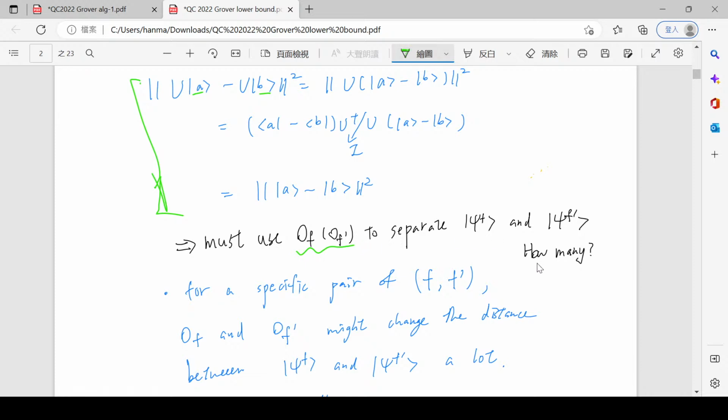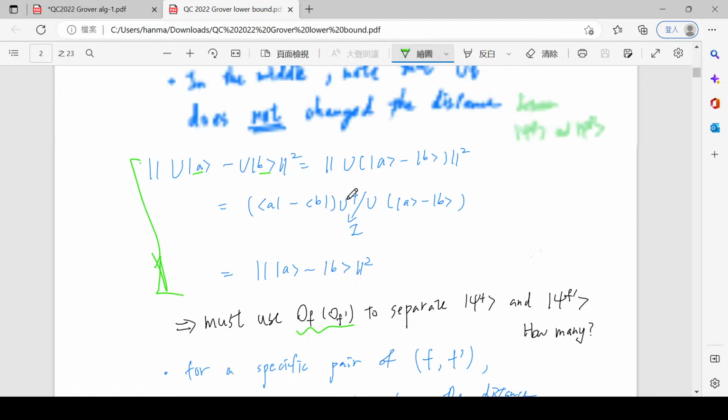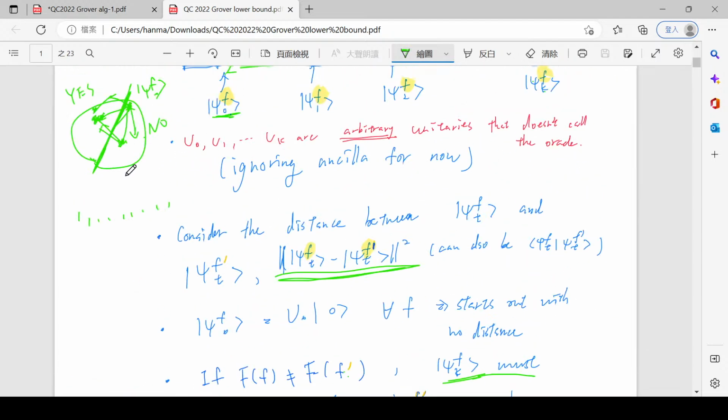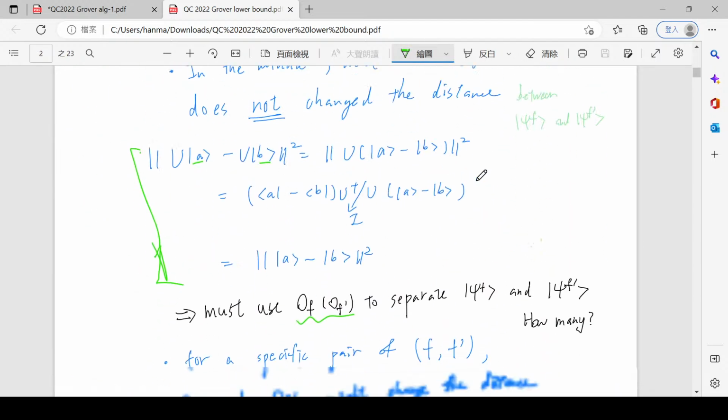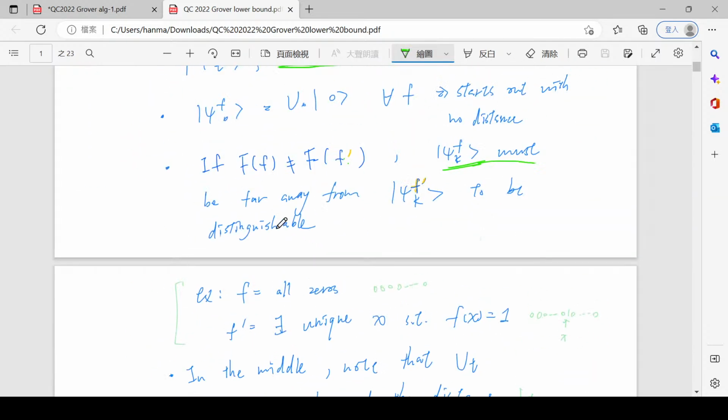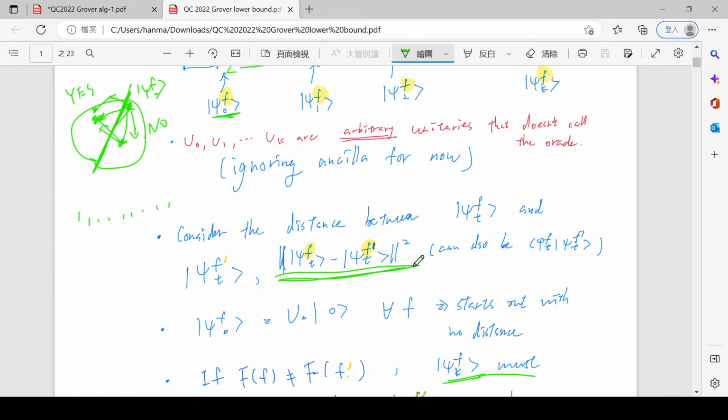And then now the question is how many of those we need to use to separate them. This is good on a high level, but we want to get a little more detail. So how many of those do we need to use? Remember, we are calculating this thing, and we know the start and end is, on average, a constant.